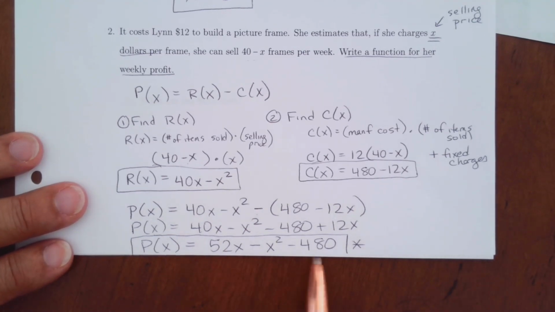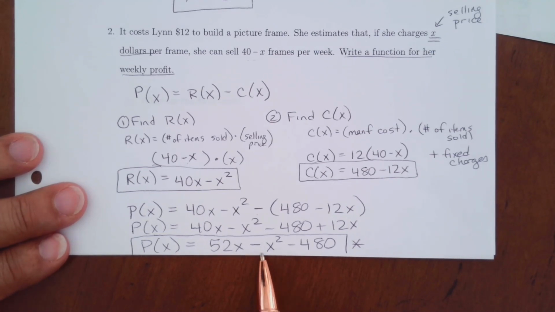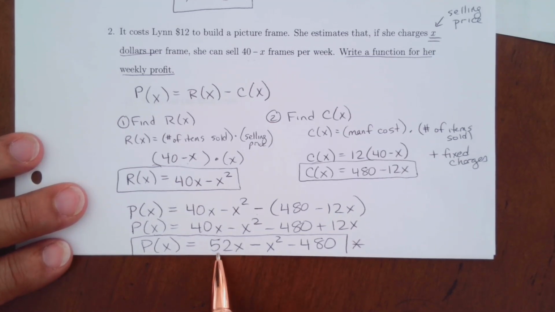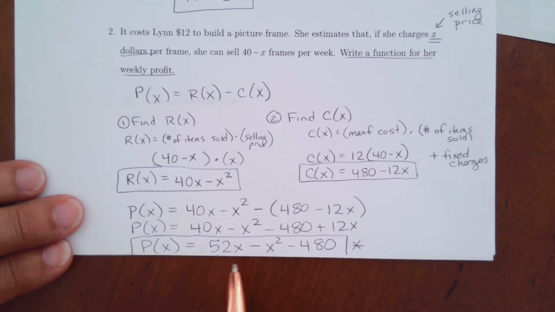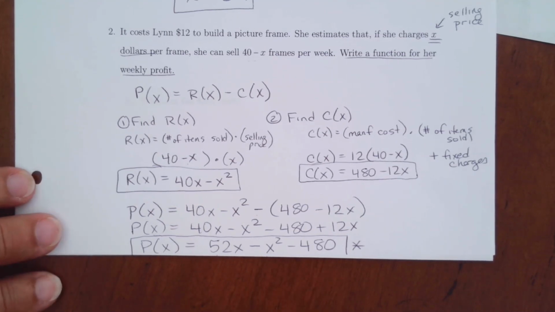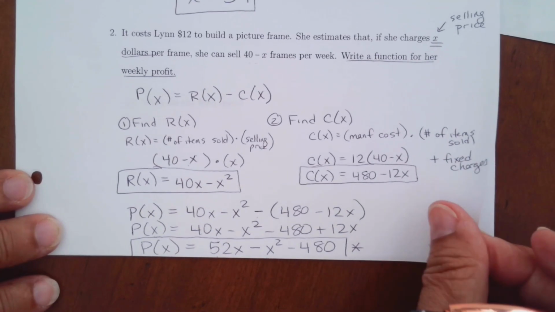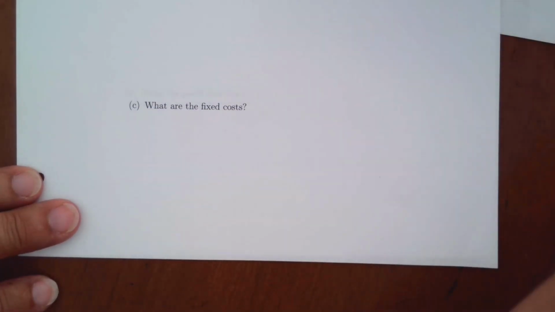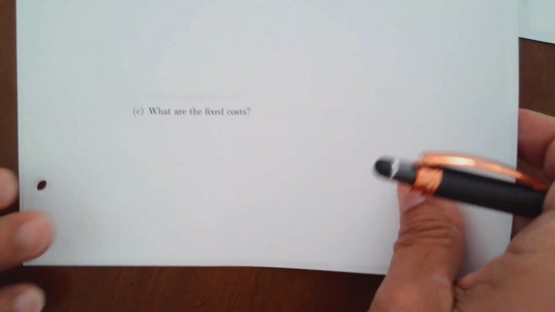Now you could write this in order. Some of you like to put the x squared first, so you could write negative x squared plus 52x minus 480. That is the same thing. As long as you have all 3 of these terms with the right sign in front of each term, you can write those any way you want to. So that's the answer to number 2. All right, let's look at number 3.